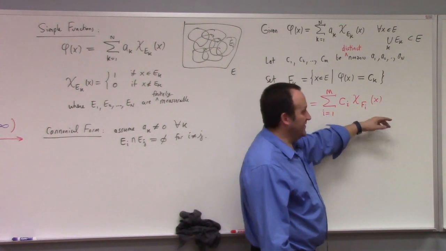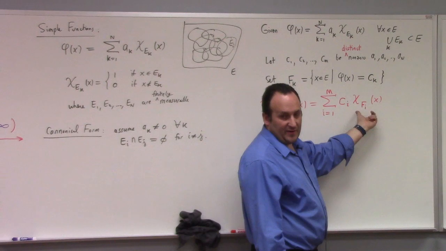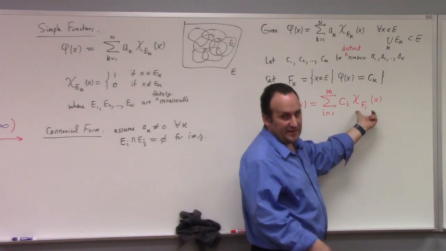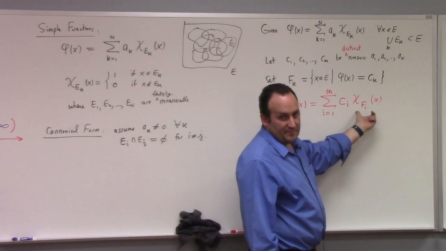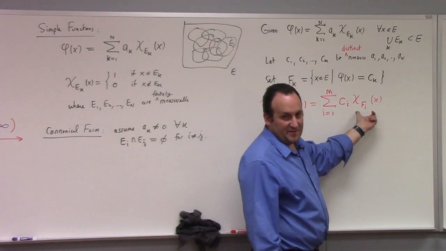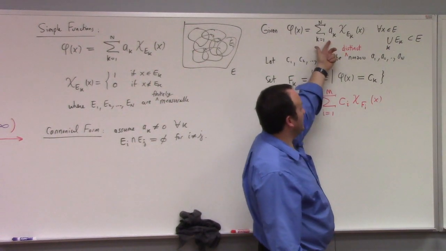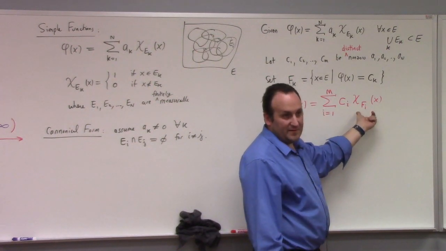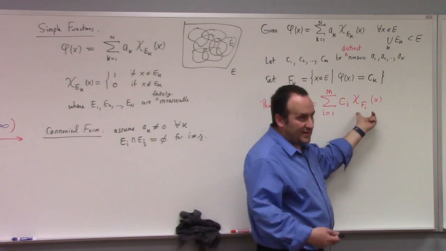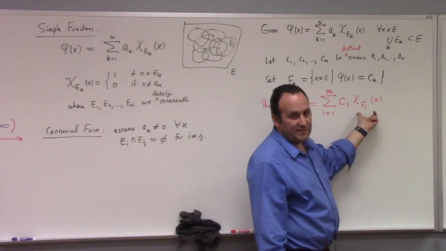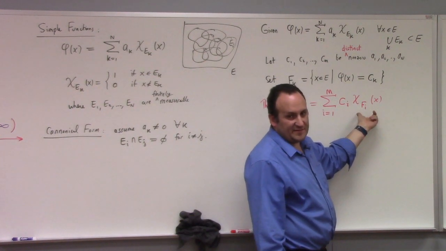It becomes 0 for a different reason: instead of being 0 because the coefficient is 0, it becomes 0 because it's not covered by any of the F's. So this canonical form is converting 0 coefficients to 0 sets in some sense.